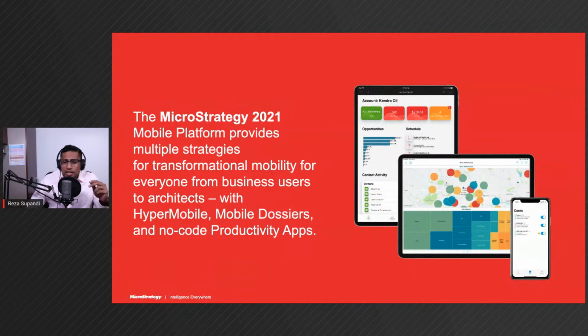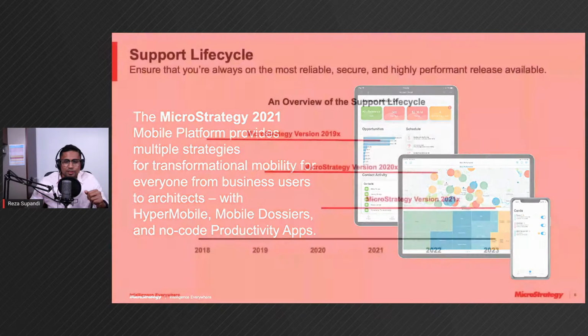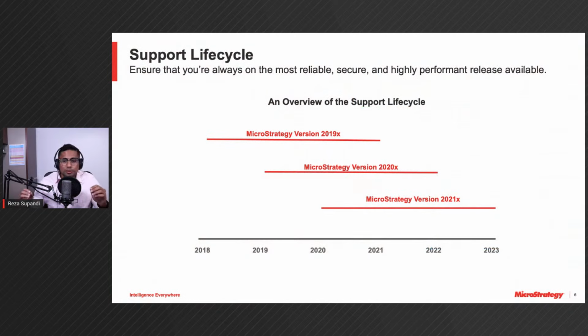It's also important to highlight that MicroStrategy 2021's mobile platform offers multiple strategies for transformational mobility depending on your business needs, including Hypermobile, MicroStrategy Library, and MicroStrategy Mobile. Lastly, I want to mention that Mobile SDK also follows our platform support lifecycle. So the end of the year is coming up, and with that, the end of support for MicroStrategy 2019. So it's important to begin planning your upgrade and to begin utilizing the latest version of MicroStrategy Mobile SDK.